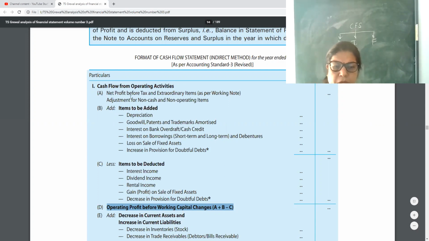A, NPBT, plus B, added items, minus C, deducted items. So this final result will be known as OPBWC square, operating profit before working capital changes.